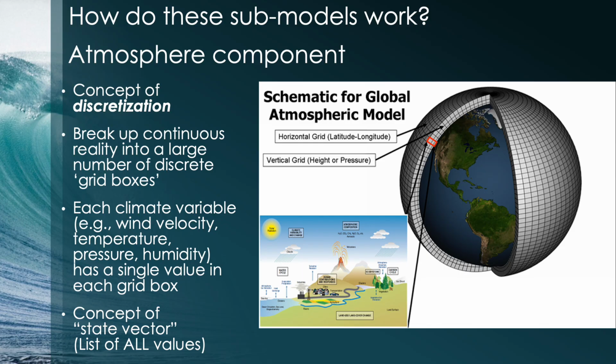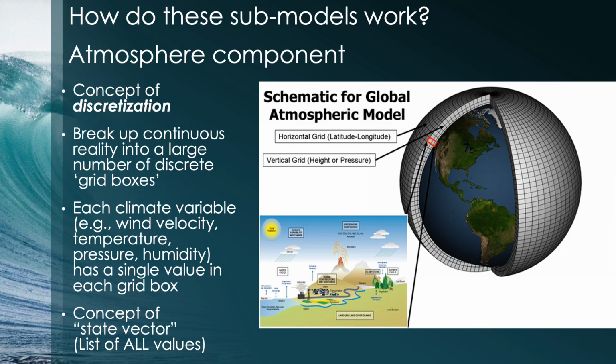This is called discretization. What's shown here in the diagram is we take the Earth's surface and we break it up into these little cubes, these little volumes. That can be done in a ton of different ways. And the idea is that in each of these boxes, we assume that everything is uniform. So every variable of the climate, the sea surface temperature, the pressure, the humidity, velocity, things like that, has one value within each box at each time.